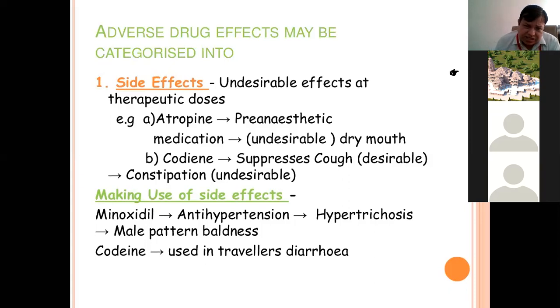Codeine, it is used, or desirable effect is suppressed cough, but undesirable effect is causing constipation. Codeine also is a very habit forming drug, and nowadays we are not using codeine as a cough suppressant in our cough syrup and cough related preparation.